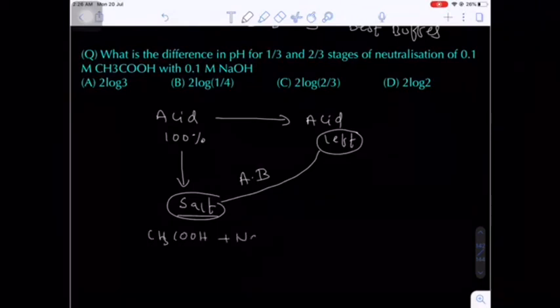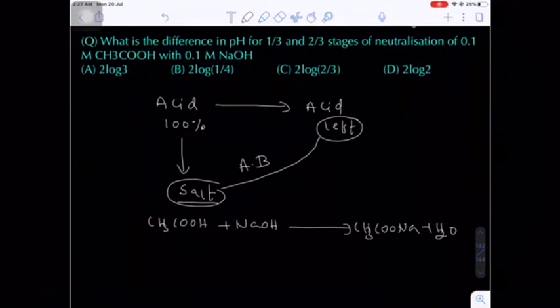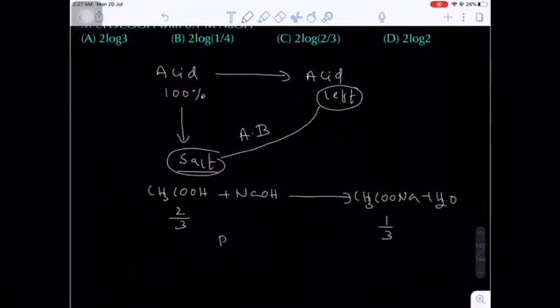Some of the acid will be left here and salt will be formed here. That means the mixture of these two will be called an acidic buffer. Are you getting my point? Now here, how much of the acid will be neutralized? 1/3. That means acetic acid plus NaOH gives sodium acetate and H2O. If you take 1 initially, that is 100%, out of which 33.33% is neutralized, that means 1/3 of salt will be produced and 2/3 of acid will be left.